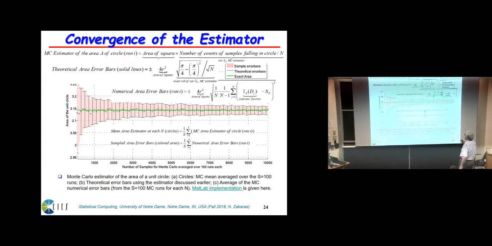So if you repeat this experiment many times, you can compute error bars from the estimator, where I use the actual variance, right? So these are the theoretical error bars. These are, I suppose, these lines that you see here.